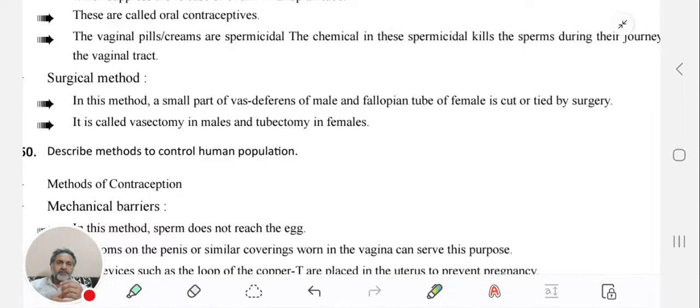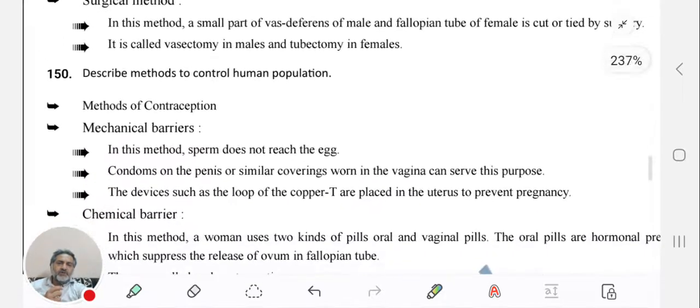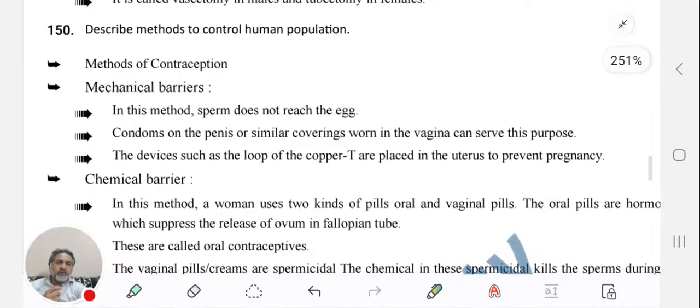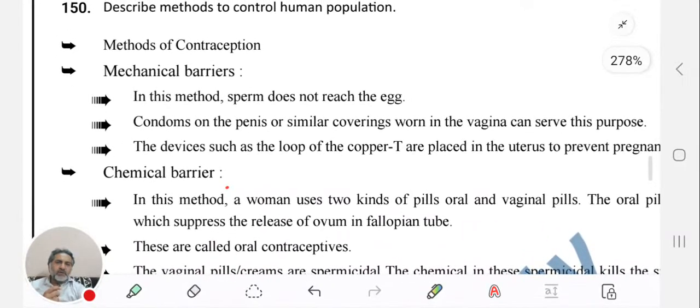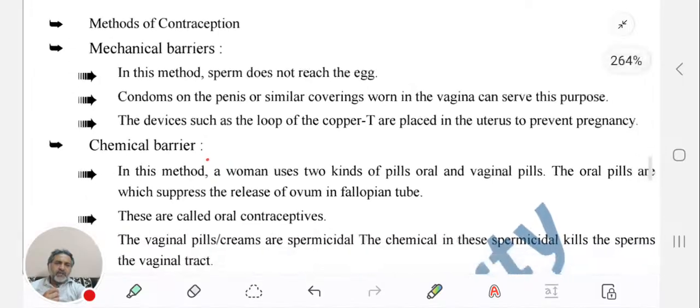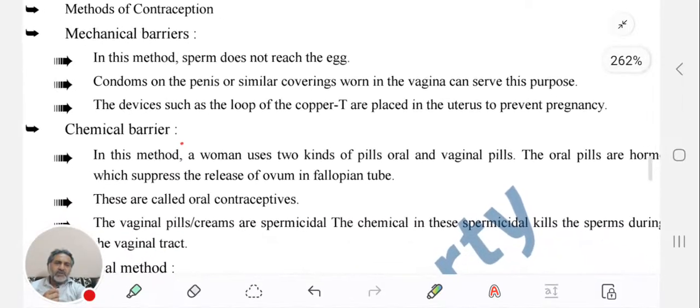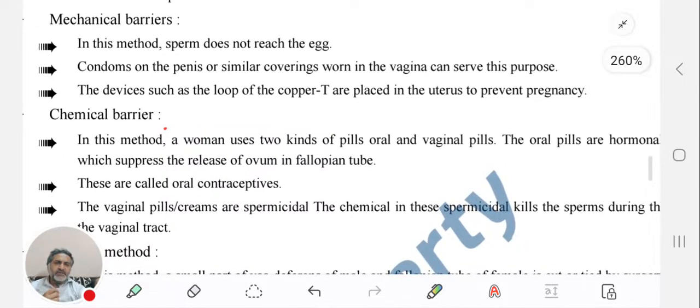150. Describe the method of control of human population. Method of contraception. Mechanical barrier. In this method, sperm does not reach the egg. Second, condoms on the penis or similar coverings worn in the vagina can serve this purpose.